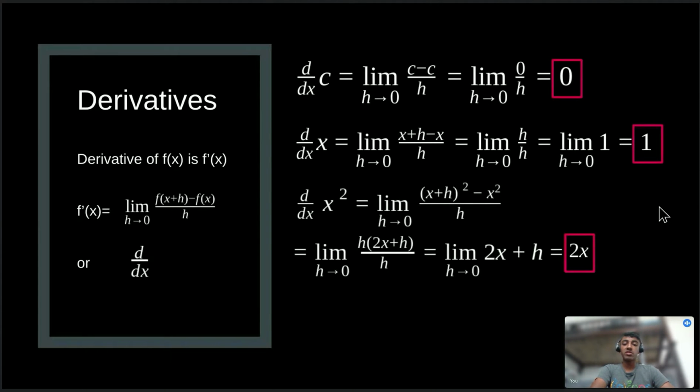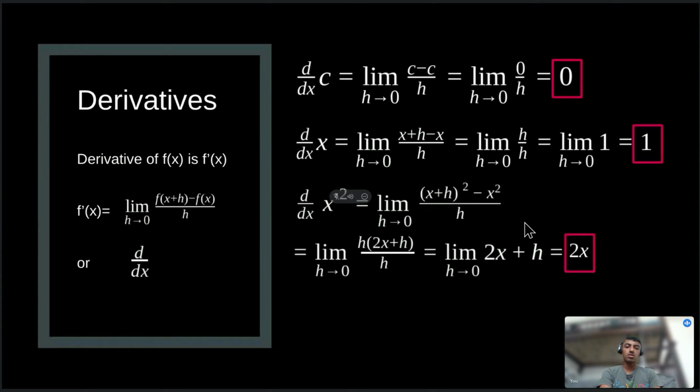Let's do the derivative for x squared. So we have the square of x plus h minus the square of x, all divided by h. I know a lot of people would just try to expand x plus h, and then you would have to cancel out the x squares and all of that.